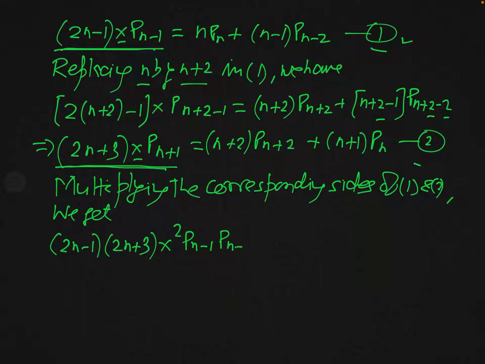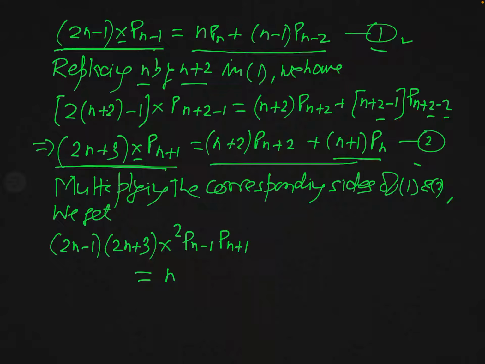into pn plus 1, and in RHS you can see we will multiply term by term. What will be our result? You can see here npn will be multiplied with this n plus 1 pn.